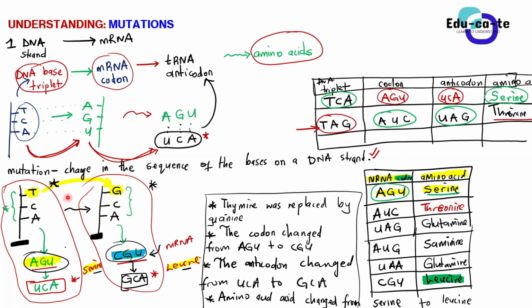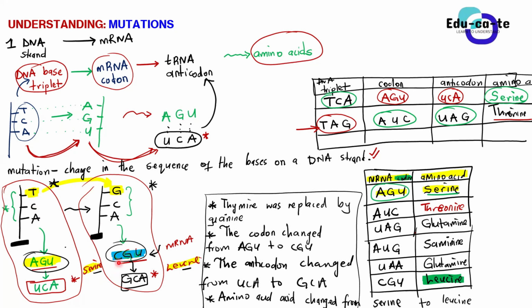In this case, it changed from thymine to guanine, because at first the strand had TCA as the DNA base triplet, but it now has GCA. So this T has been replaced by guanine. The fact that the DNA base triplet has changed means we're going to create different codons, and we're also going to require different anticodons.